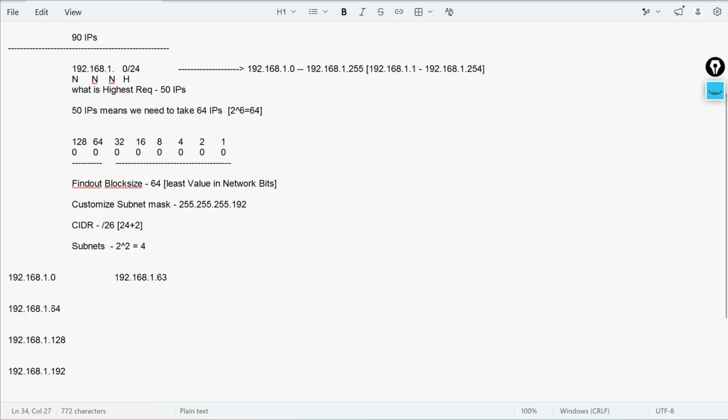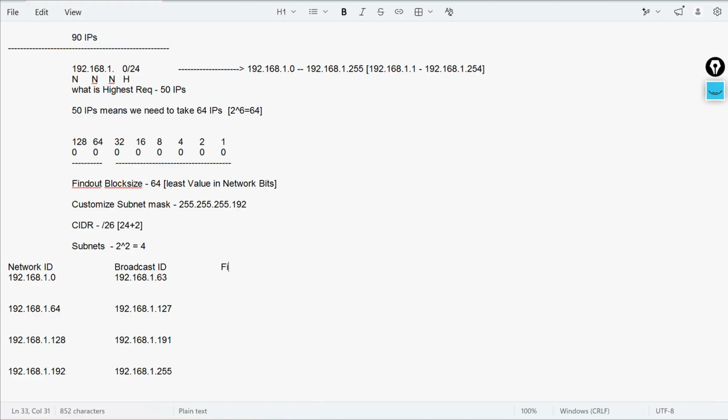Because the second network started with 64, and the second network's last IP is 192.168.1.127, and here 192.168.1.191, and here 192.168.1.255. This is the network ID and this is the broadcast ID.